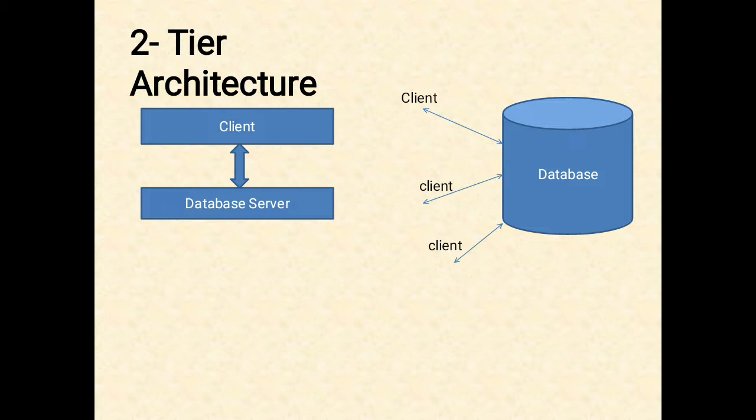Let us consider another example of two-tier architecture. Consider a railway ticket reservation system. How does this work? Imagine a person is reserving a ticket from Delhi to Goa on a particular day. At the same time, another person in some other place of Delhi is also reserving a ticket to Goa on the same day for the same train.